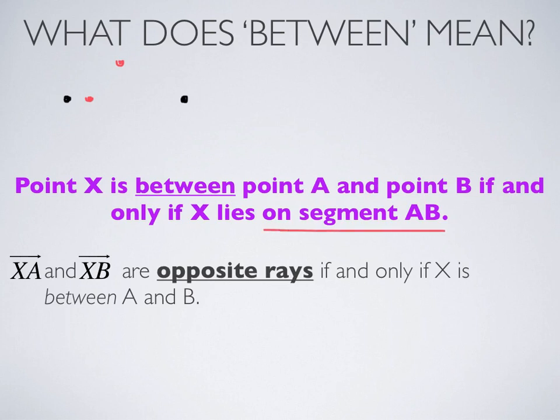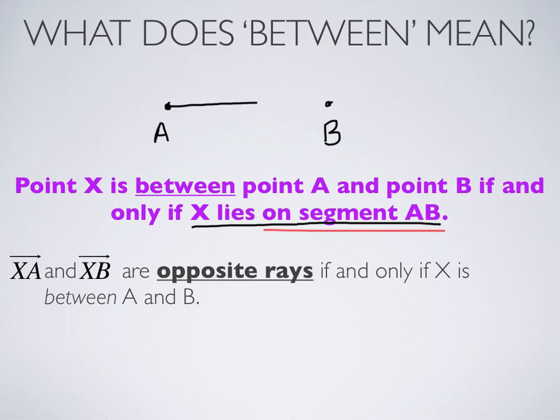So let's draw what this is talking about. Let's say this is point A and this is point B. And it says point X is between A and B if and only if X lies on segment AB.